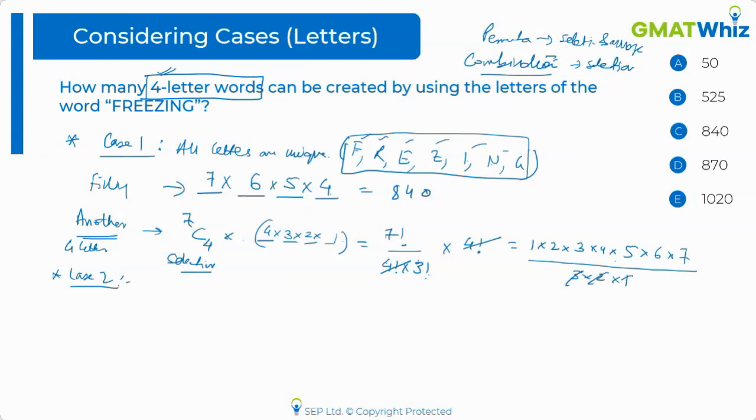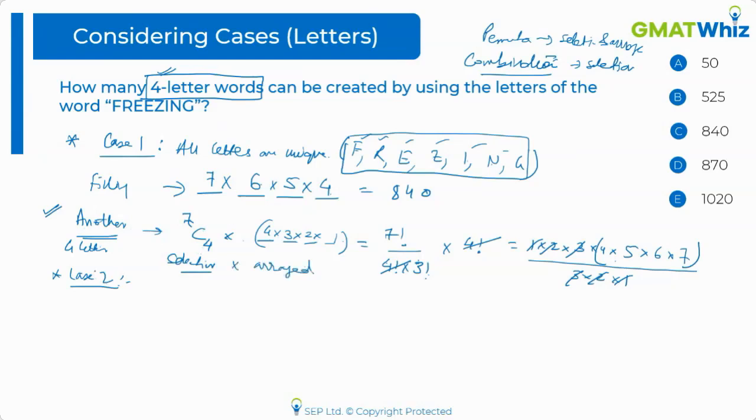So 3, 2, 1 obviously gets cancelled out and you are left with the same thing that you had here, 7, 6, 5, 4, which is 840. Now, I'll tell you why I'm showing you this method when we talk about the second case. Just remember that to form a 4-letter word, I selected first and then arranged.